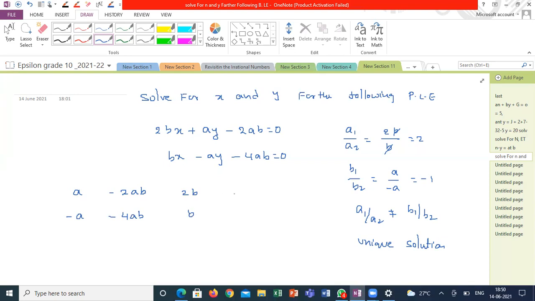Careful while you are writing the variables if those are not numbers. 2b and b, and last is a, minus a. You are starting with y coefficients, constants, x coefficients and y coefficients. That is a thing. Now cross multiplication.